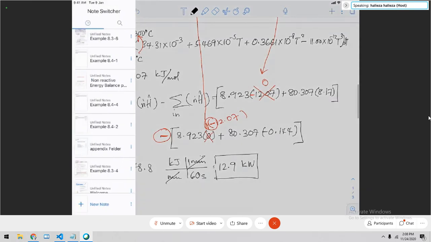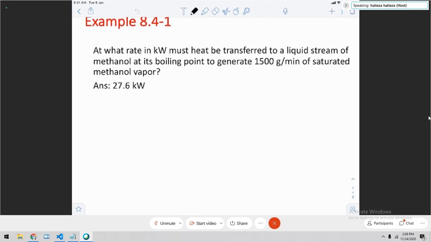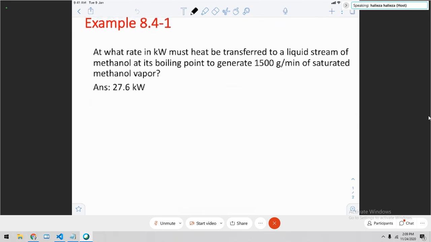Now let's look at this example. This is one example from your textbook. You're going to find the rate in kilowatts, that is the heat. You have a liquid stream of methanol at its boiling point, having a flow rate of 1,500 grams per minute, and you're going to get the outlet as vapor.